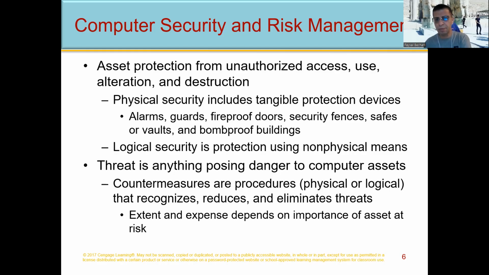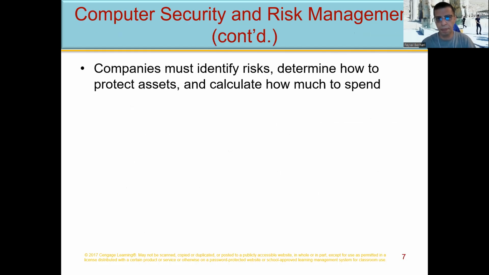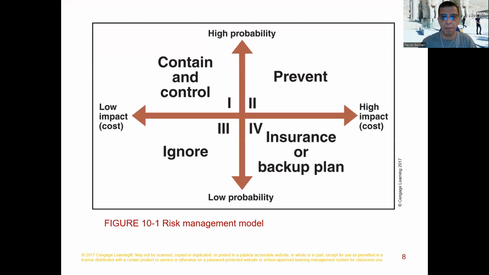The extent and expense depend on how important the asset is, and how you minimize and mitigate that risk. Companies in the beginning must identify risk, determine how to protect assets, and calculate how much to spend on protecting that asset. So if we look at this, you're looking at high probability, low probability, low impact, and high impact. And we'll explain this in detail.